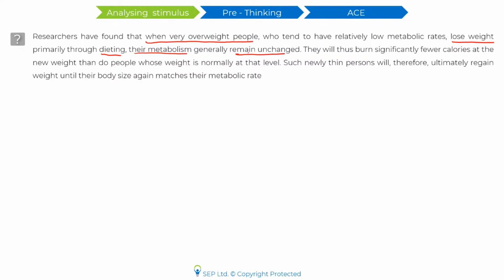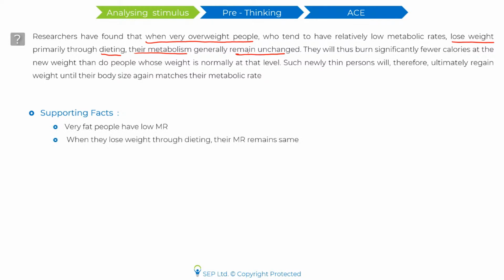So we are saying researchers have found that when very fat people lose weight, and mostly through dieting, their metabolism remains unchanged. Okay, so if we simplify, what we have here is very fat people have low MR. MR is metabolic rates. When they lose weight through dieting, their MR remains the same.